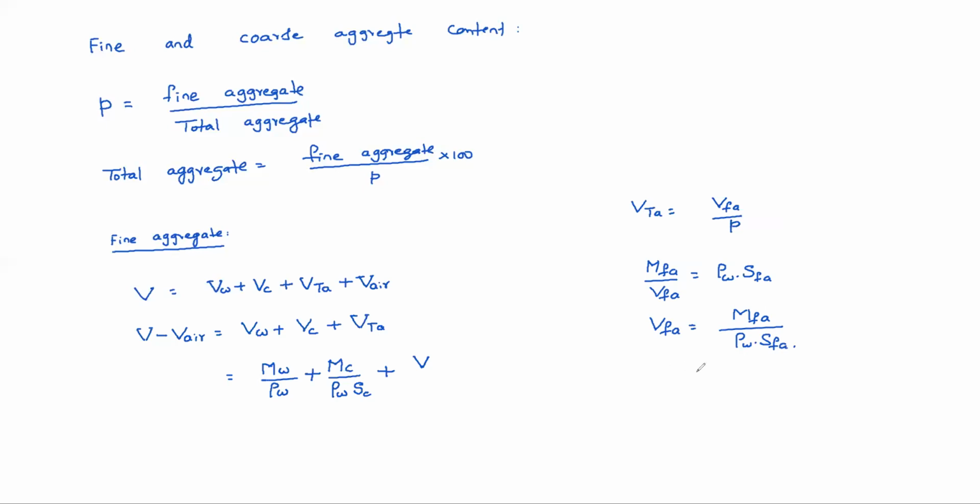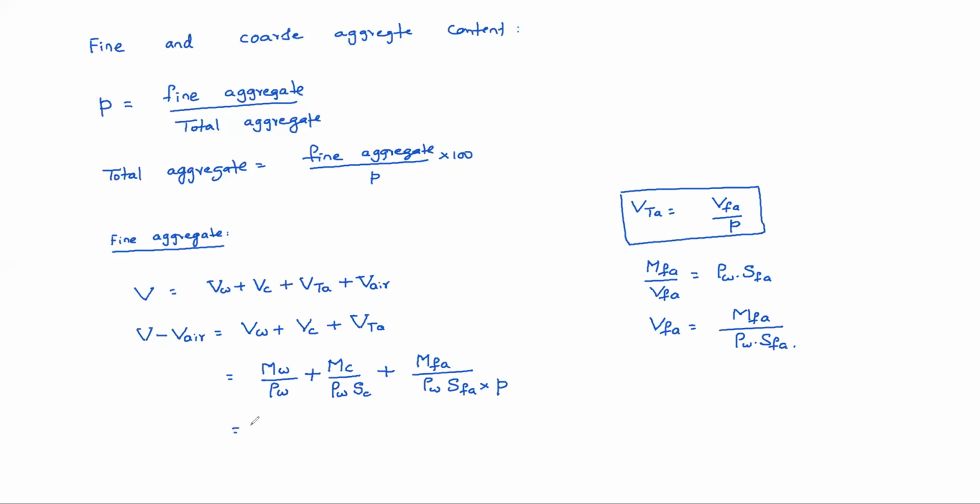So VFA is there, VTA is nothing but VFA by P, right? Just substitute here: mass of fine aggregate divided by rho W into specific gravity of fine aggregate, that is sand. Of course, we need to divide with P. Why? To get the volume of total aggregate. You know this relation, right? Volume of fine aggregate divided by P is volume of total aggregate.